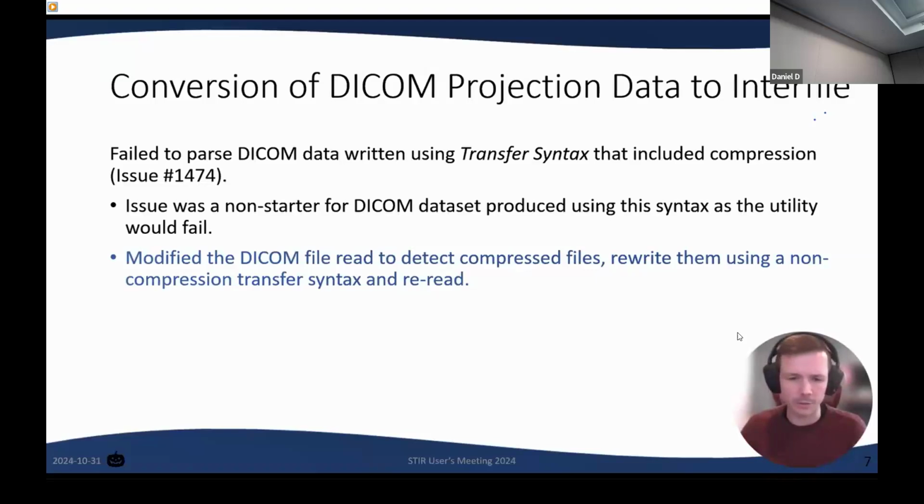I believe there's another STIR user that's been looking at an issue like this, and I guess the hope is to try and merge these solutions and possibly avoid the need to write a temporary file, which we then have to reread. So this one's still a bit of a work in progress, but the solution that we have now is at least able to tackle this case whenever we encounter it.